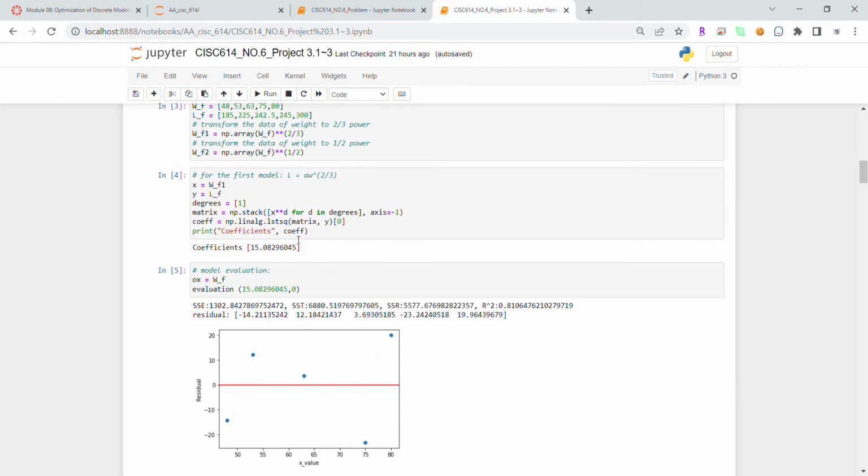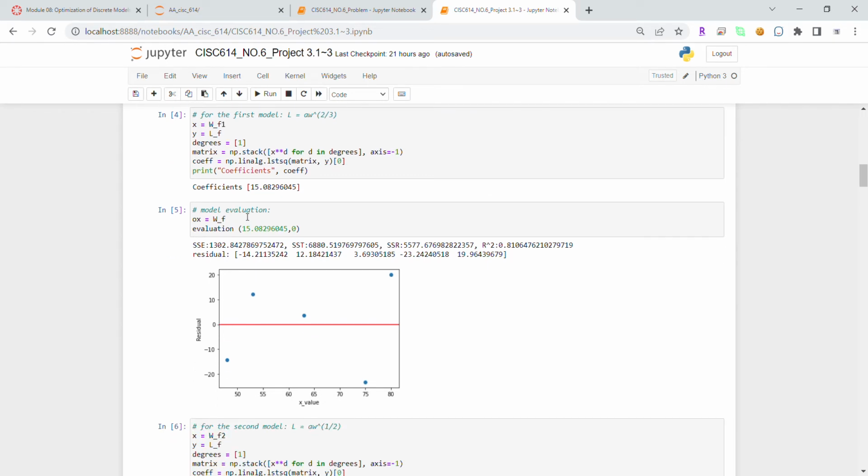So we have the performance of the model. We got the values of SSE, SST, SSR, and R square. And also we got the residue, and we also have the residue plot for the first model.